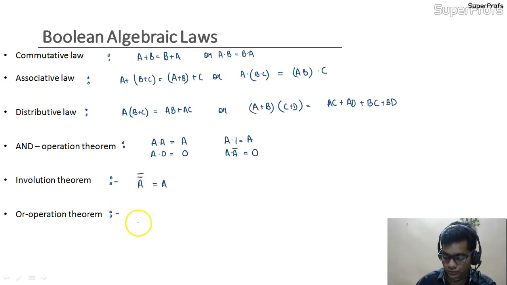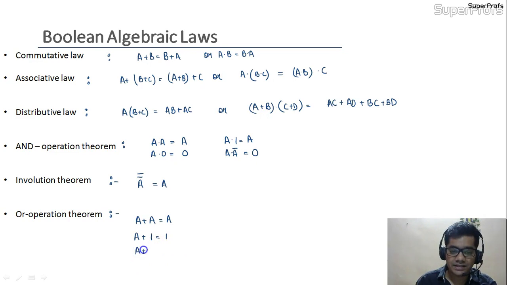Now we are going to see the OR operation theorem. So what is OR operation theorem? All the expressions that we have learned in OR operation, we are just summarizing here. So for OR operation, A plus A is equal to A, and A plus 1 would be equal to 1, because it would not depend on A. The answer would always be 1, because 0 plus 1 is 1 and 1 plus 1 is also 1.